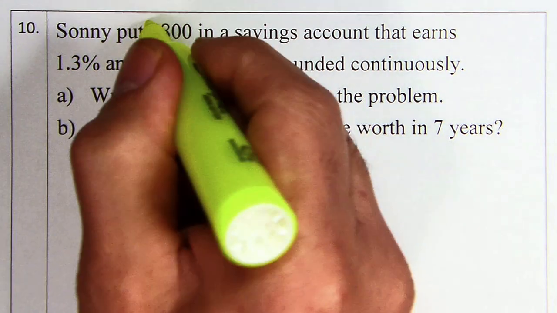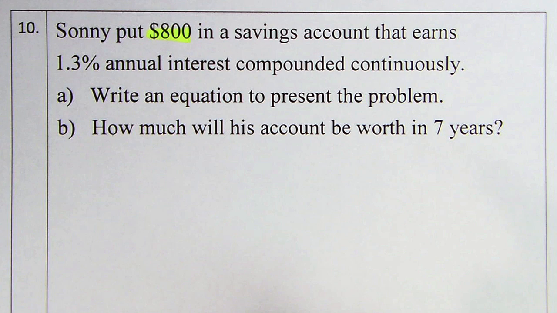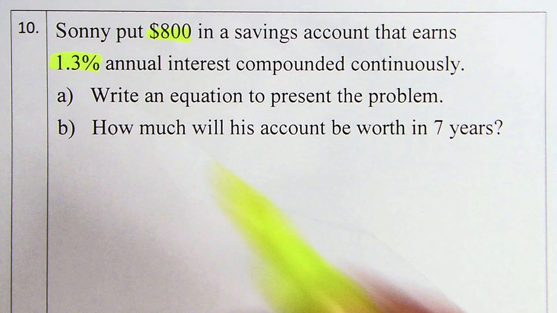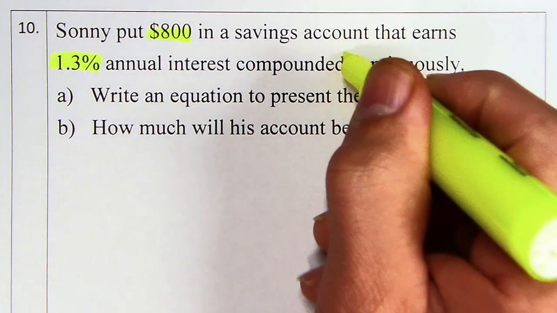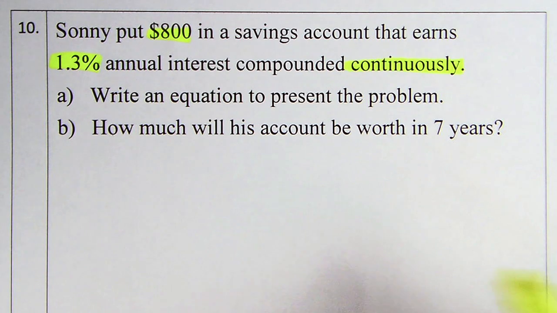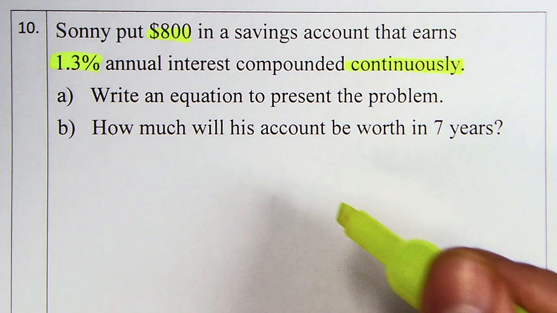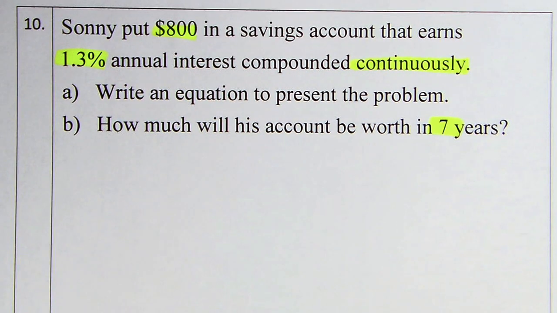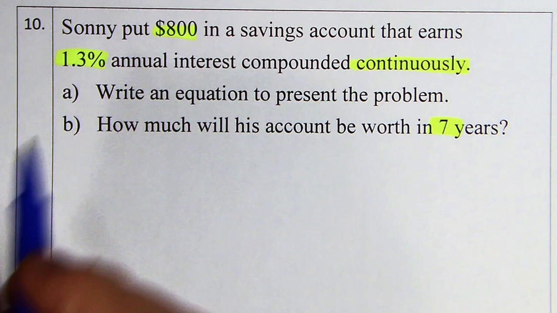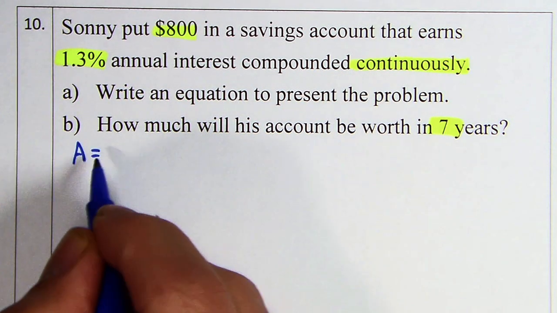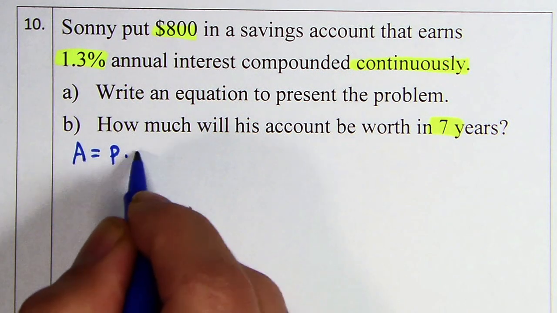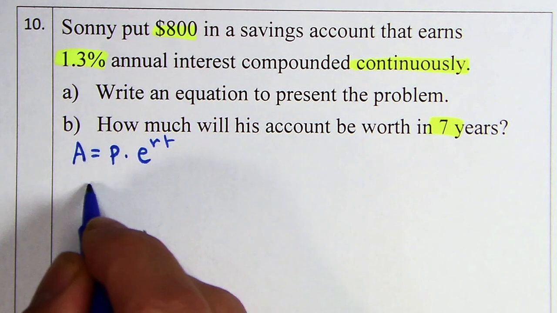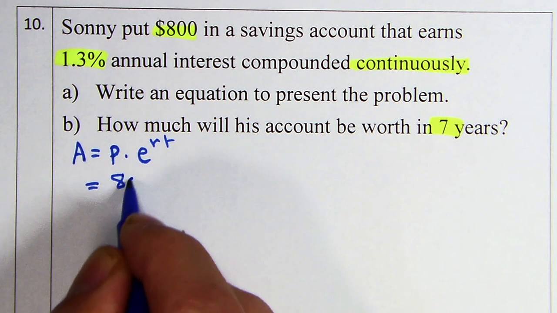Sunny had $800 in an account that earns 1.3% annual interest rate compounded continuously. We need to write the equation just like the previous problem. And how much will his account be worth in 7 years? Again, we have A equals P times e to the rt equals $800.